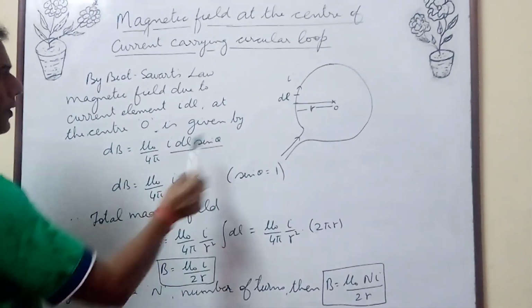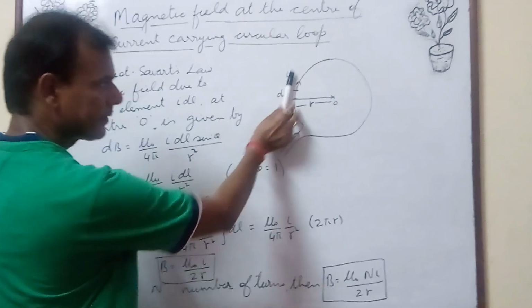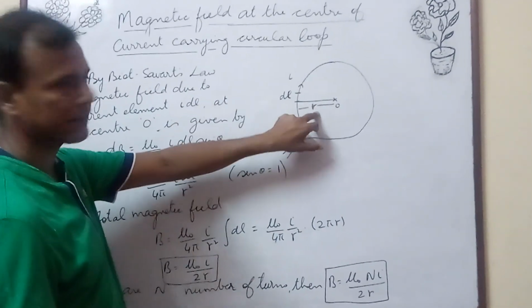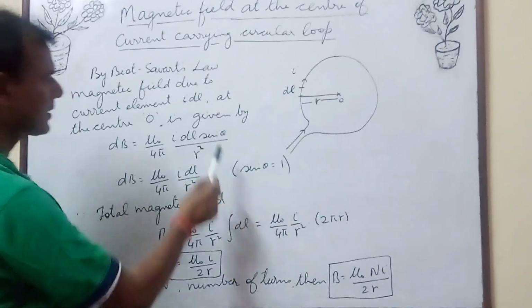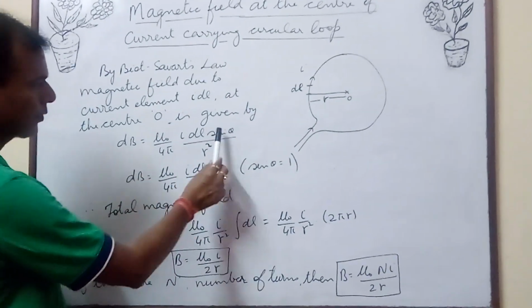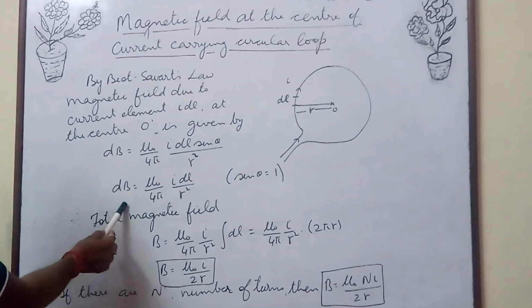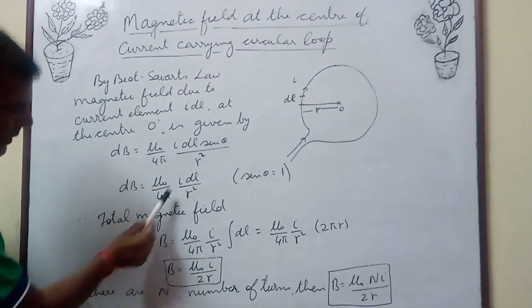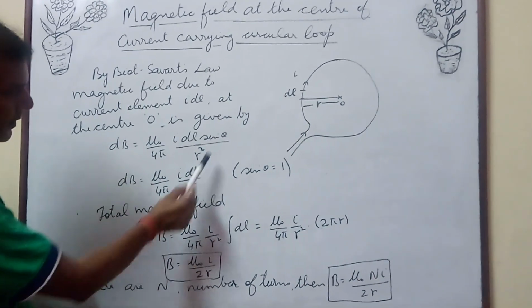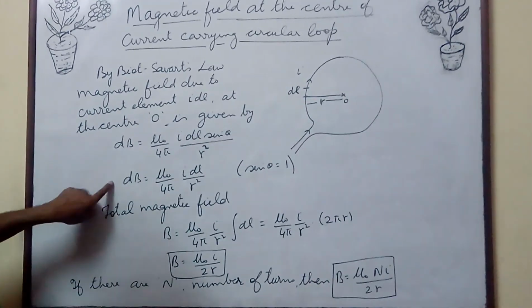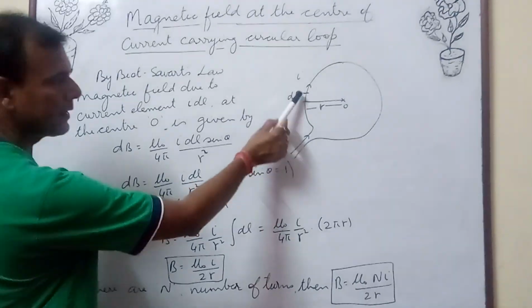Now, dl is along tangent and this position vector is along radius. The angle between dl and r is 90 degree. So this theta becomes 90 degree. So sin 90 is equal to 1. This becomes dB is equal to mu naught upon 4 pi I dl upon r square. Theta 90, sin 90 is 1. Okay. Now this is the small magnetic field due to small length dl.